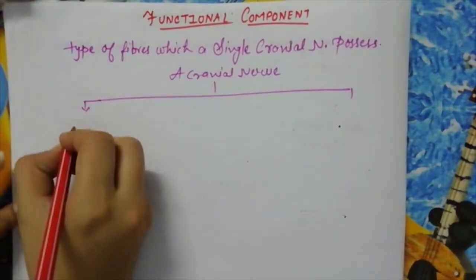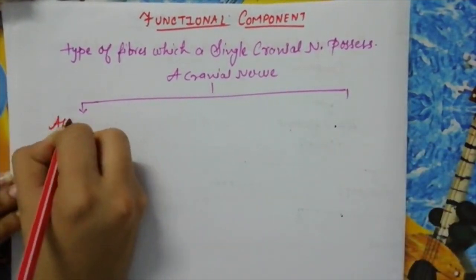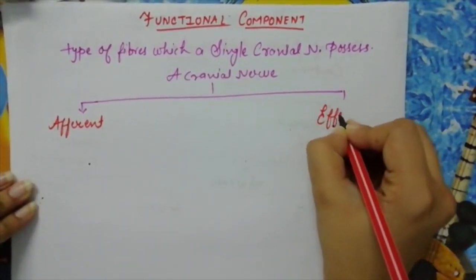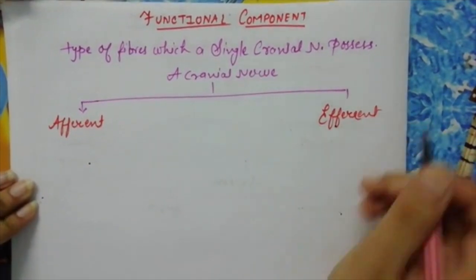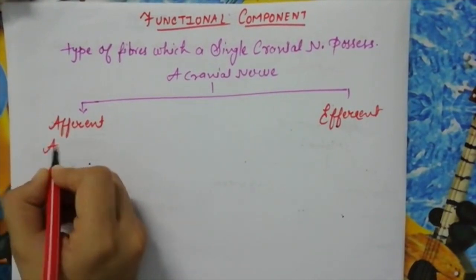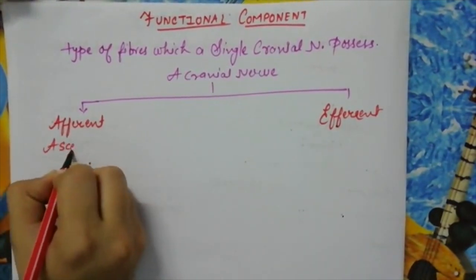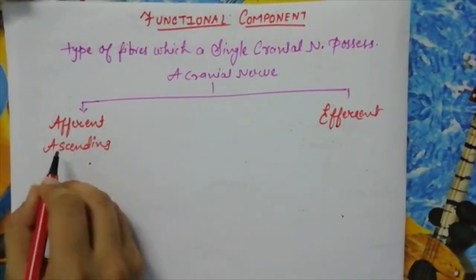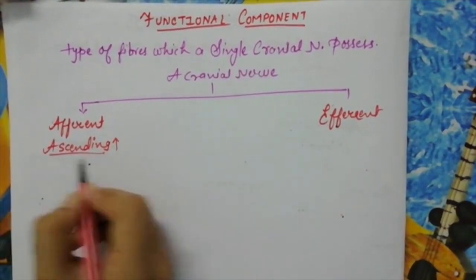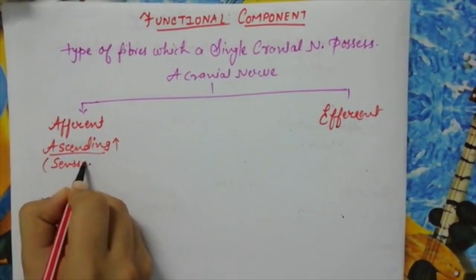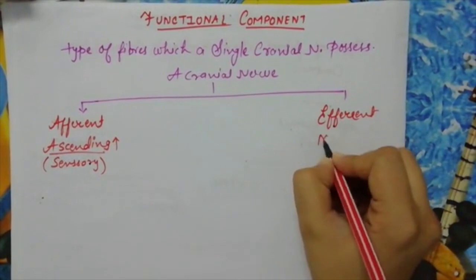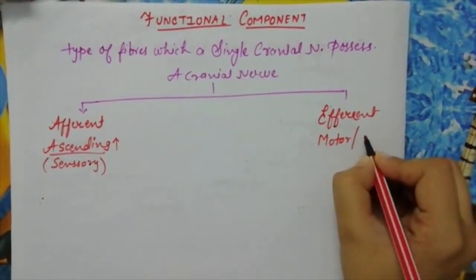These are afferent and efferent. Afferent means ascending, A to A, we keep it in memory like this, A to A, ascending. Ascending means going towards the CNS. So this is sensory. And efferent is opposite to afferent, so it is motor or descending.